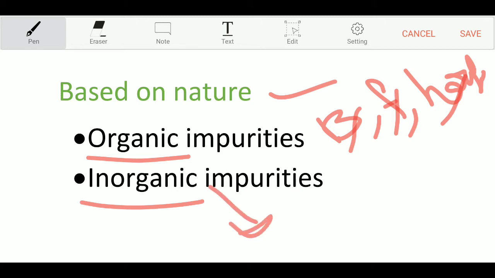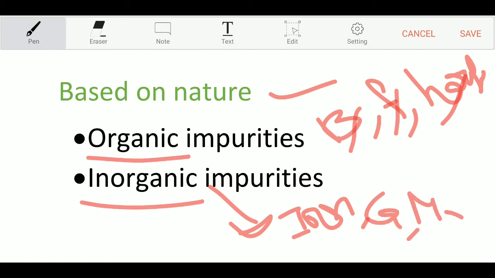The inorganic impurities are iron, calcium, magnesium, and manganese, which are useful to humans in drinking water.